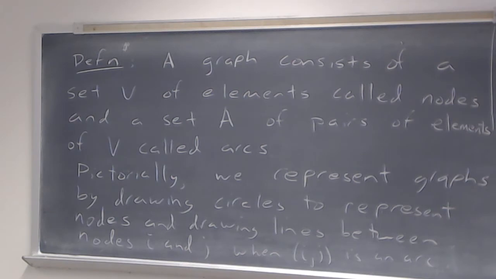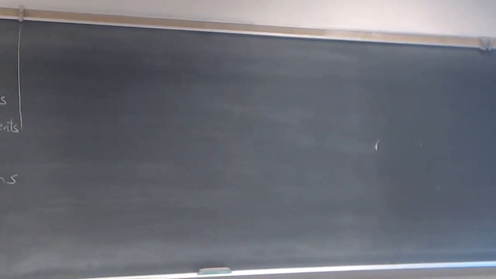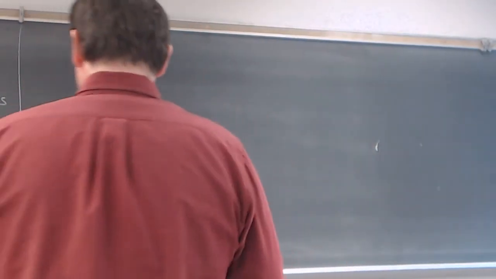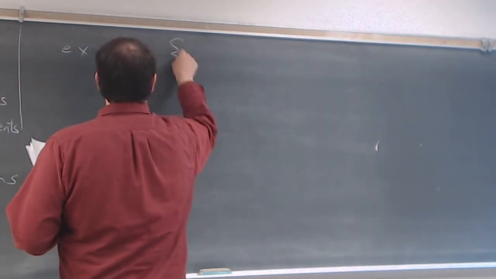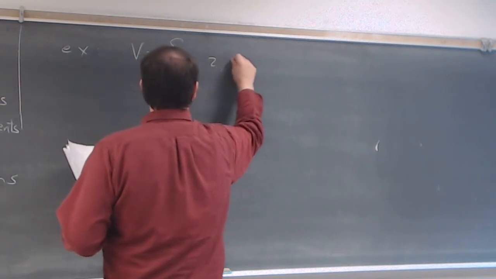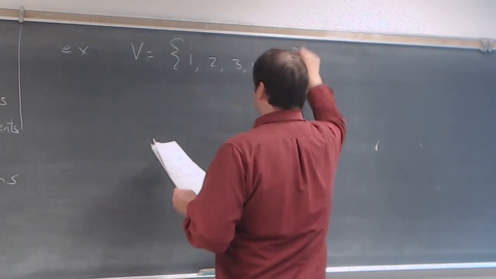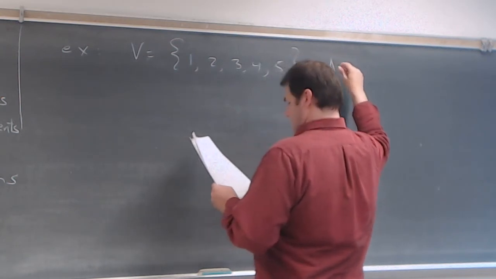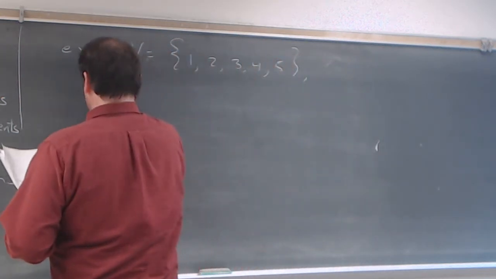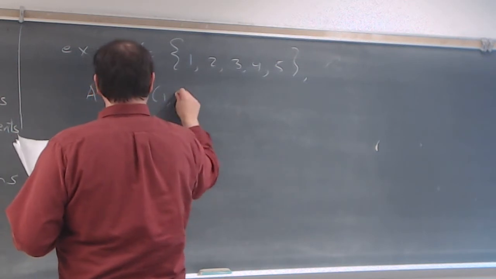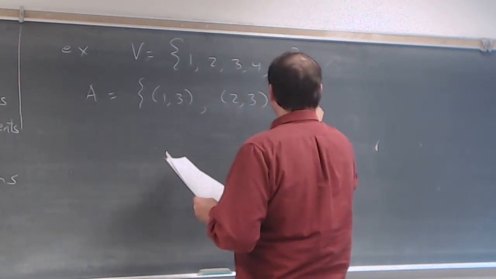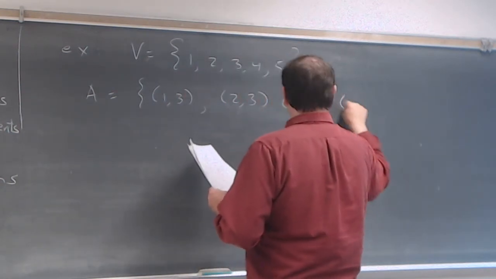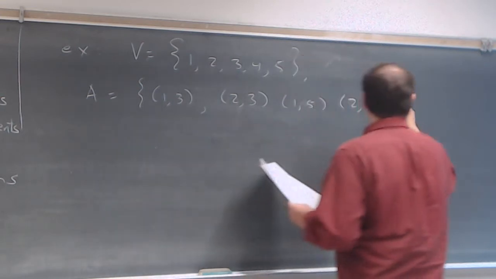So we'll do an example. If we let V be the nodes 1, 2, 3, 4, and 5, and A be the set of arcs, and they look like 1, 3, 2, 3, 1, 5, 2, 4, and 1, 1.